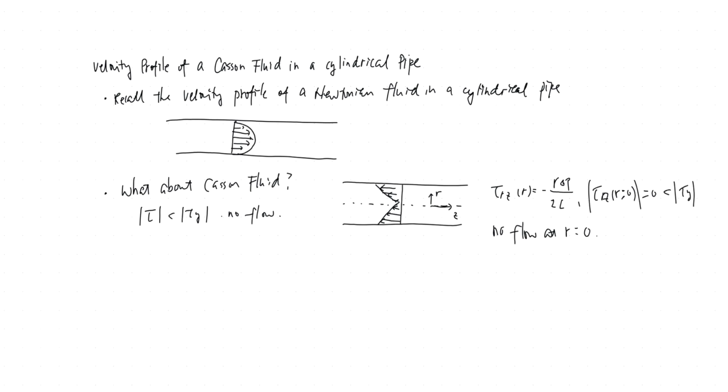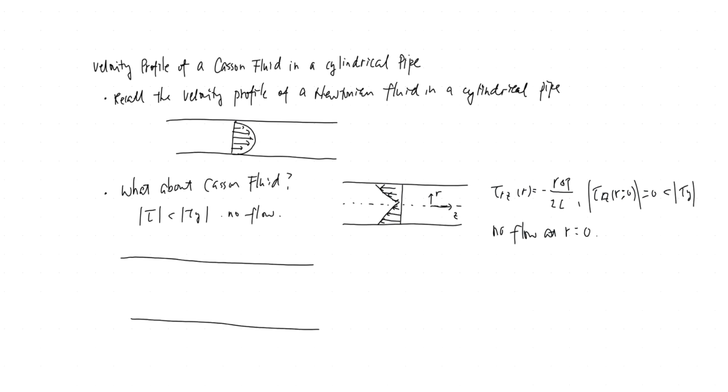So in any case, even if the fluid is able to move close to the boundary of the pipe, there is still a region of fluid which wouldn't move along the center line. This is what we call plug flow.